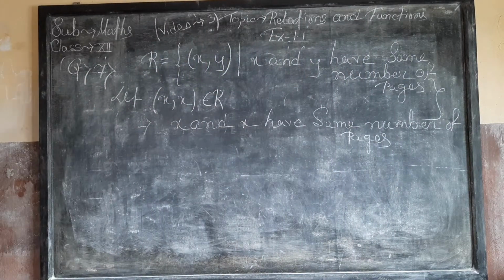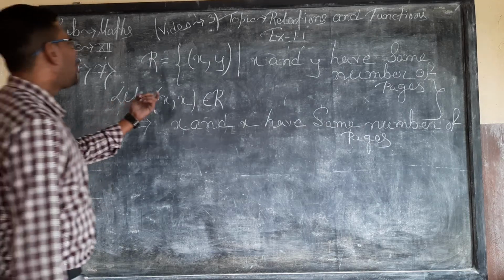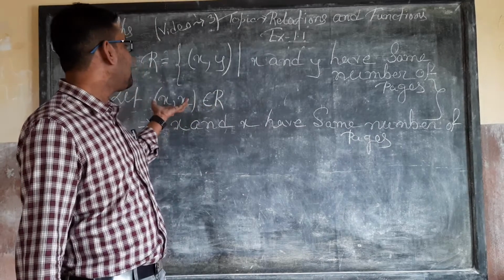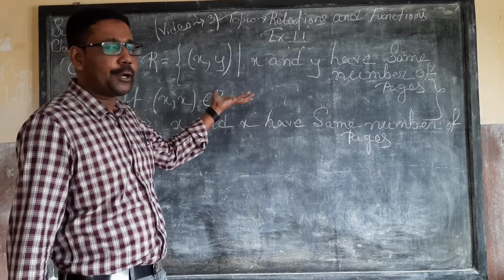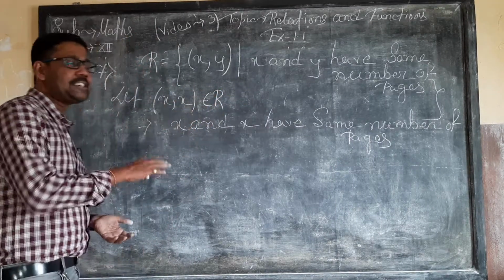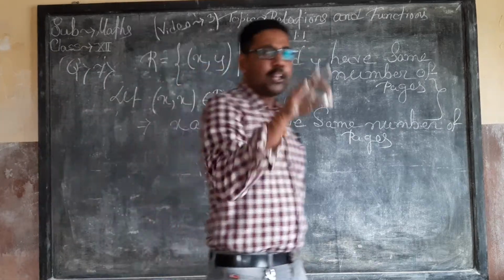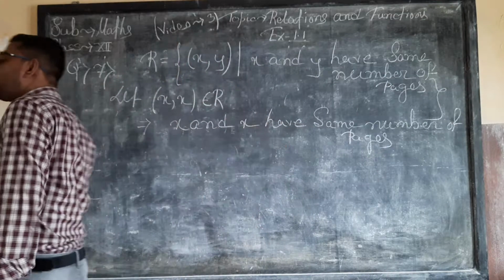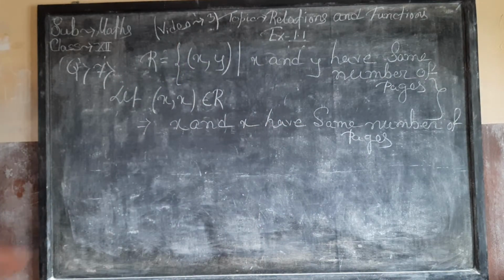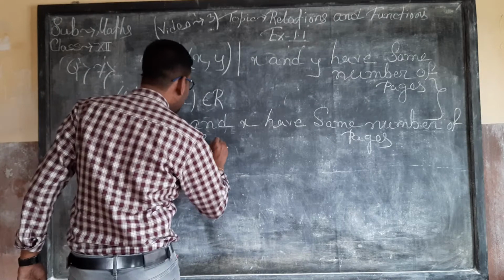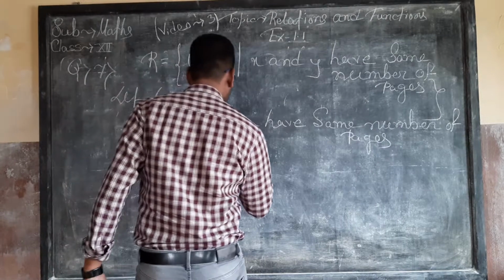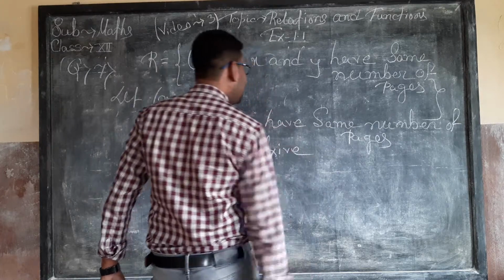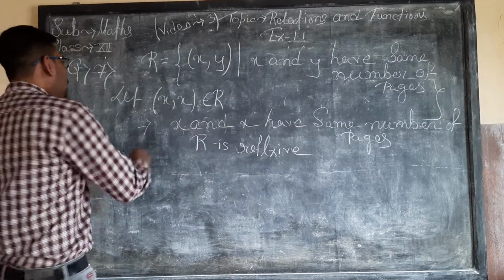If you consider (x, x) belongs to R, this is the general form of this type of ordered pair, and it is true for each and every ordered pair of this form. So x and x have the same number of pages. It is true. So this R is reflexive.